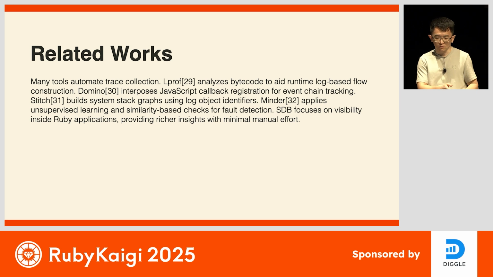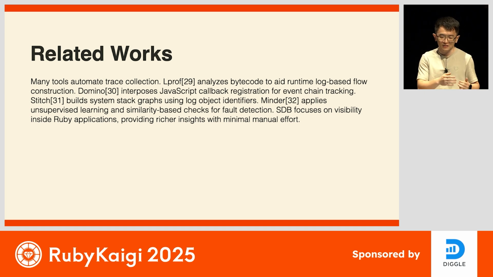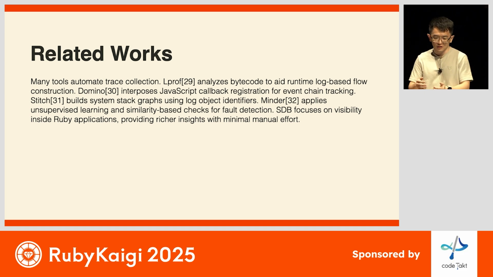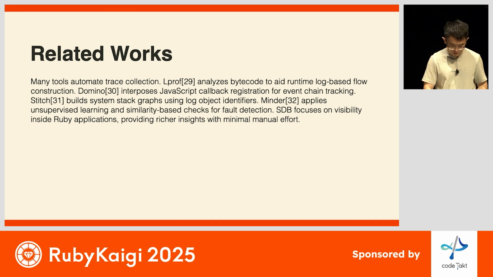The SDB wants to explore that direction, but it wants to achieve some balance. I mean, collect as much information as we can, but keep the resource usage as low as possible, so it can be practical and really be used in industry projects.